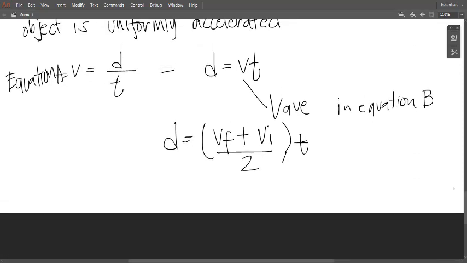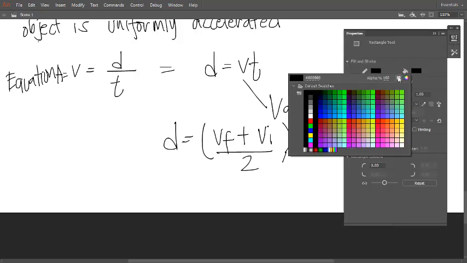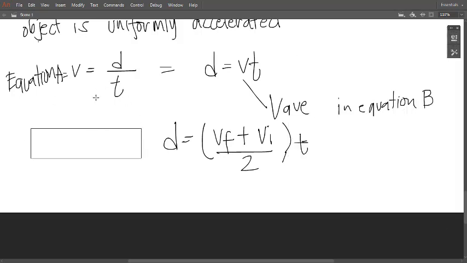So this will be our formula for equation D. For us to determine the displacement, we'll be using average velocity, replacing velocity in equation B.